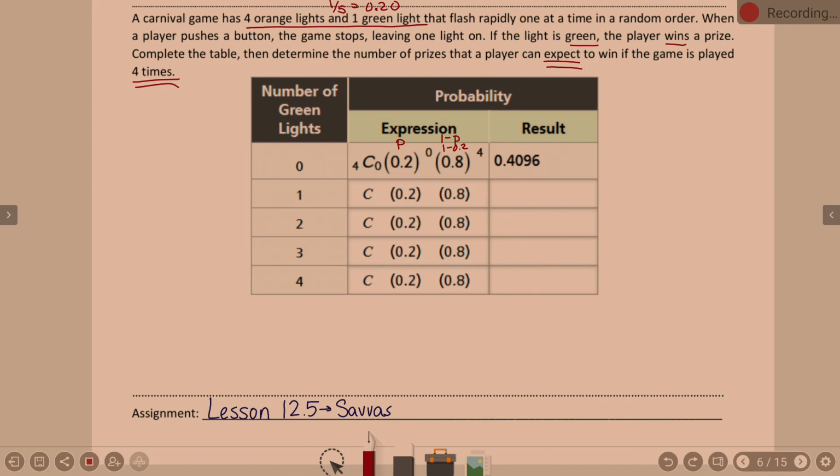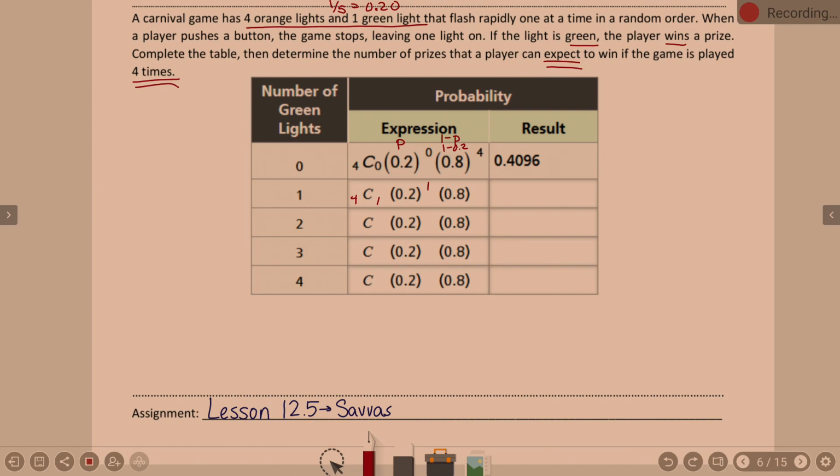Now, they've already done the first one for us. We have to fill in the next one. Of the 4 times you play, what's the probability you get 1 green light? Out of 4 chances, we're looking at 1. What's the probability of winning? 2/10 to the 1. Because remember, go back to your formula, it's P to the R. And then your chances of losing, so this is the 1 minus P. And this goes to what?